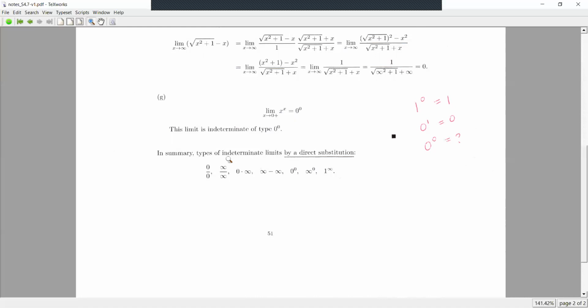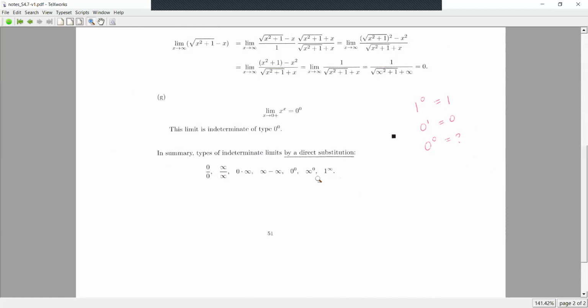Here, indeterminate means cannot be determined by direct substitution. How many types of difficult limits? 0 over 0, difficult, I cannot tell. Infinity over infinity, I cannot tell. 0 times infinity, cannot tell, any number can be possible. Infinity minus infinity, difficult. 0 to 0, cannot tell.